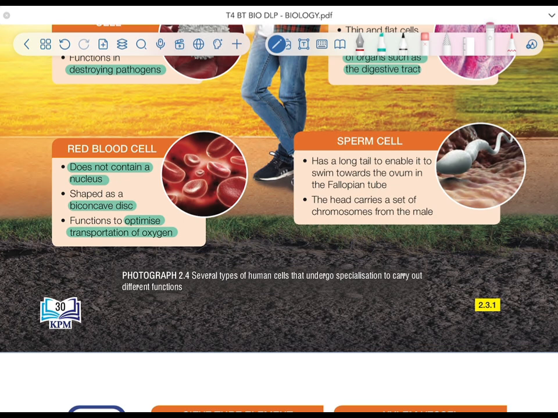The next specialized cell is the sperm cell, and there are some questions that have previously come out under the topic of cell specialization on the sperm cell. It has a long tail to enable it to swim towards the ovum in the fallopian tube.